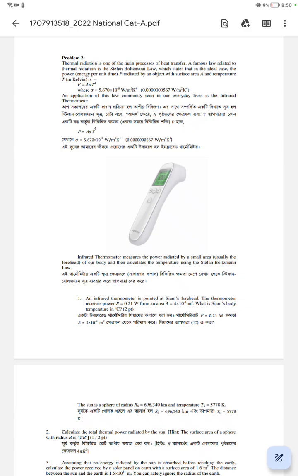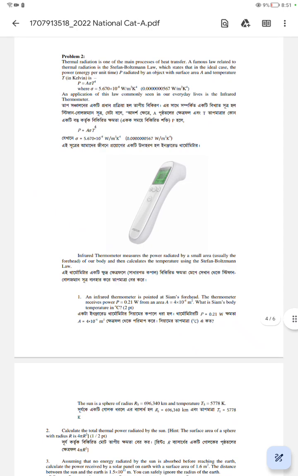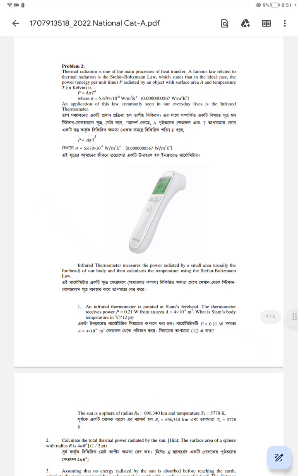Temperature shows how hot or cold something is, and surface area means the total area of the surface of a whole body. Whenever the sun emits heat, it's basically a sphere, so the power depends on the total area of this surface.